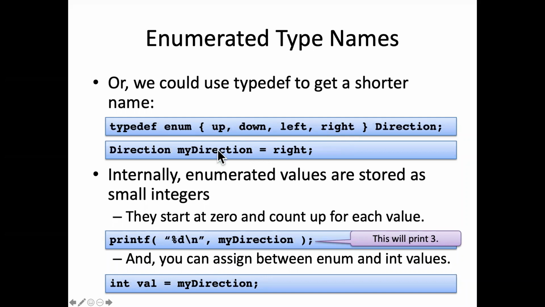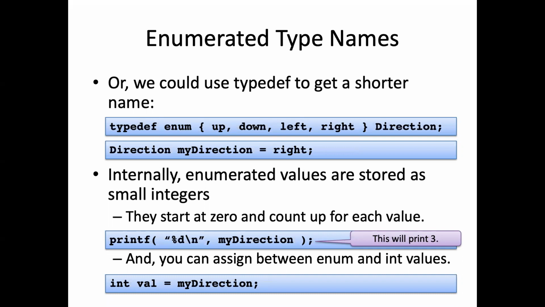So that's why if I make a direction and I give it a value right, like I just said, up is 0, 1, 2, 3. So when you give this variable a value of right, it's really just storing the integer 3. And like I tried to say a moment ago, you can see this if you try to print out one of these values. It's really just a little decoration on top of an integer value.